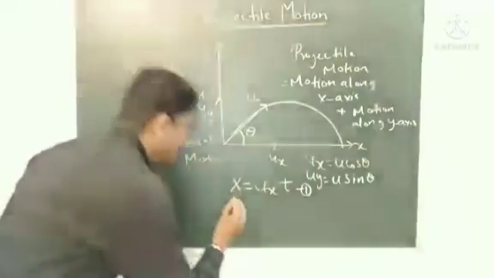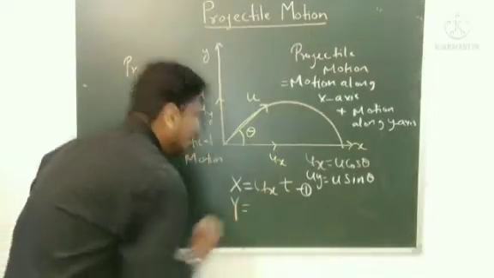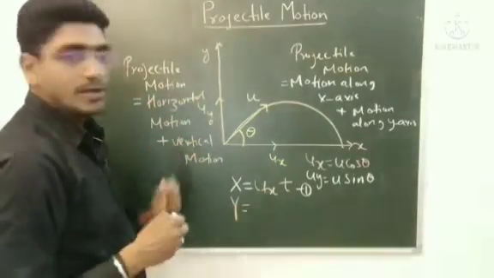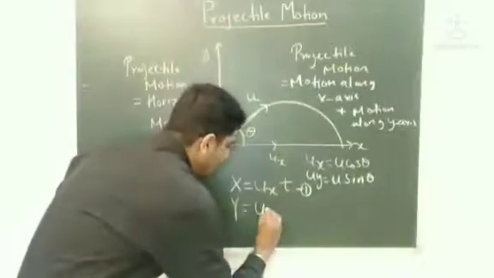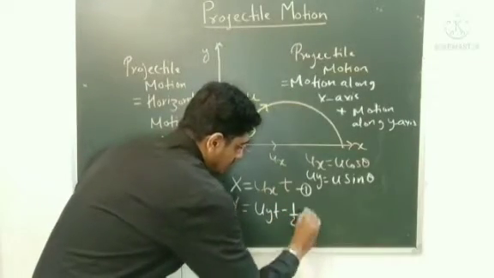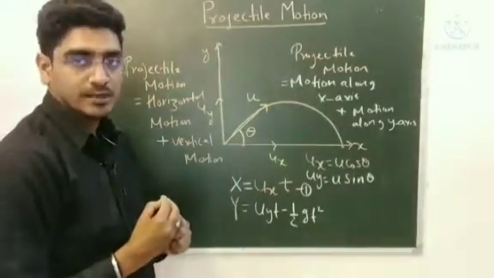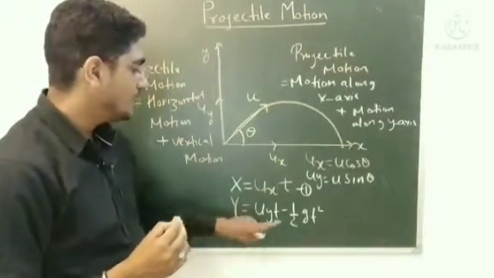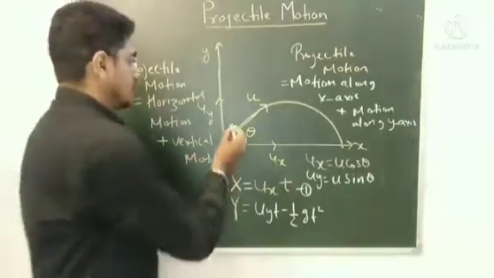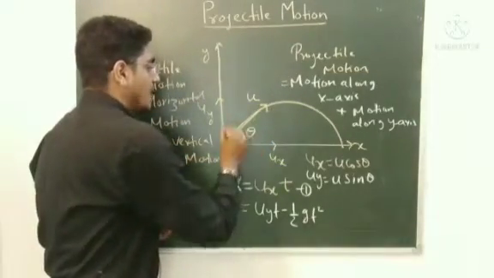But if we write down the equation for the vertical component, y equals uy t minus half g t square. Why have we considered y equals uy t minus half g t square? Because gravity is always acting in the downward direction.